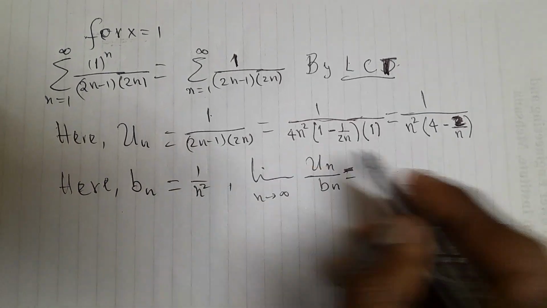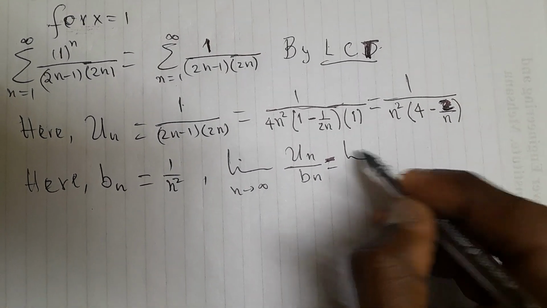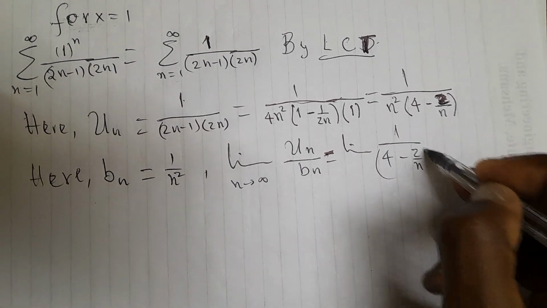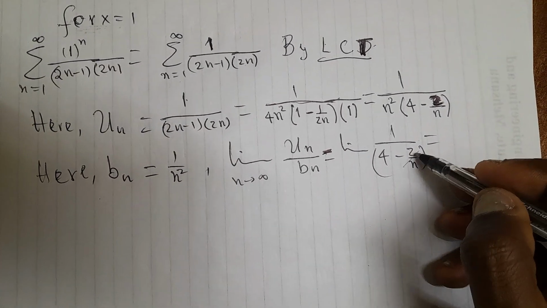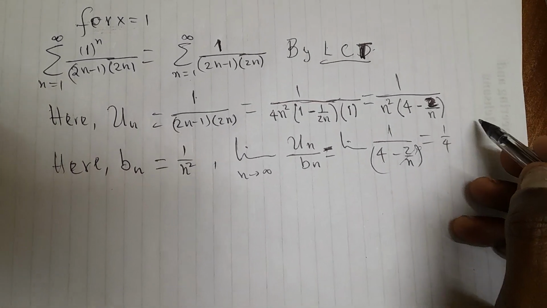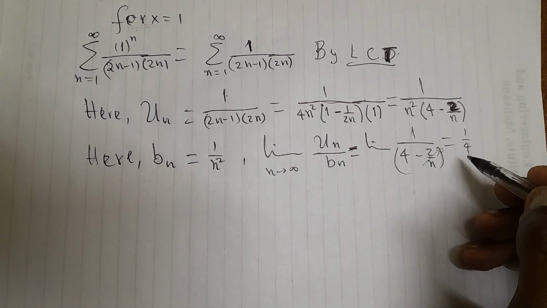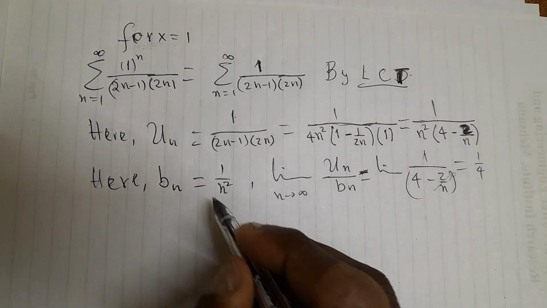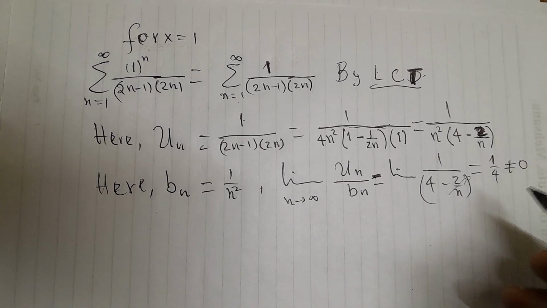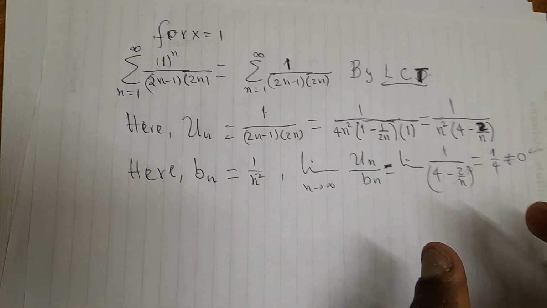So this limit will be only this part here. This limit will be 1 upon 4 minus 2 upon n. Actually, this will be 0, and this will be 1 by 4. 1 by 4 is a finite number, different from 0. Then it is according to the condition.